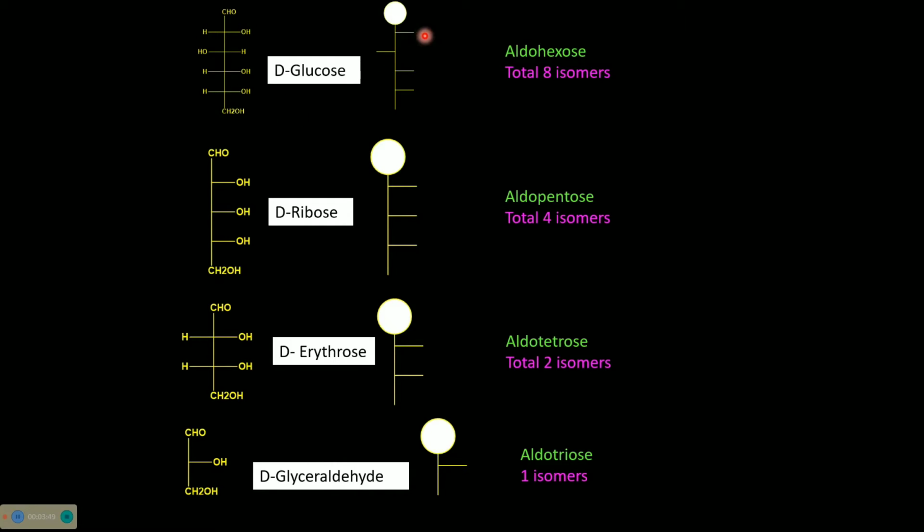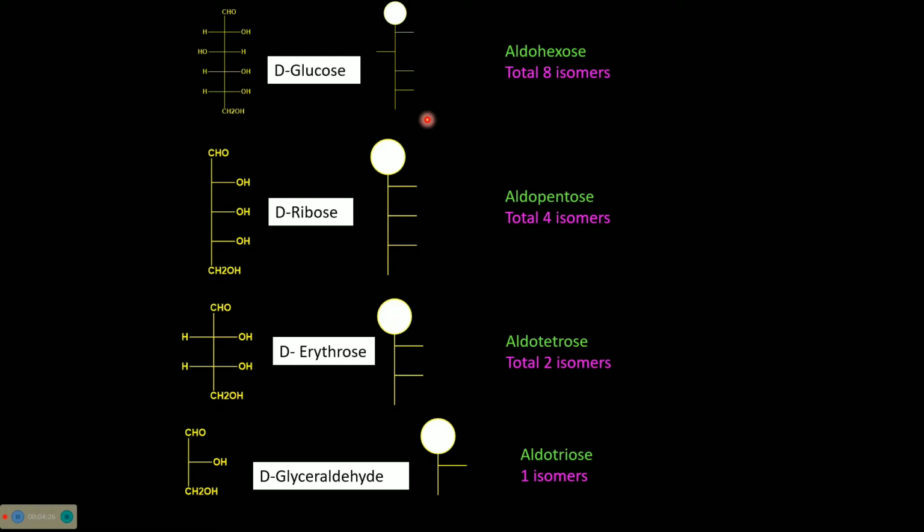In this structure we don't show hydrogen, we only write the OH group. Again, this round head is the aldehyde group, the tail is the CH2OH group, and this straight line indicates an OH group.